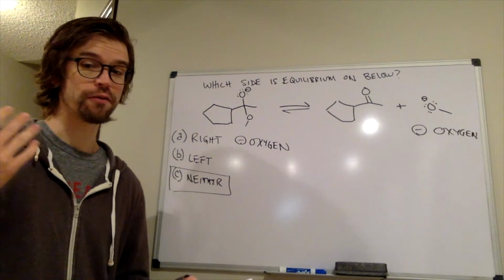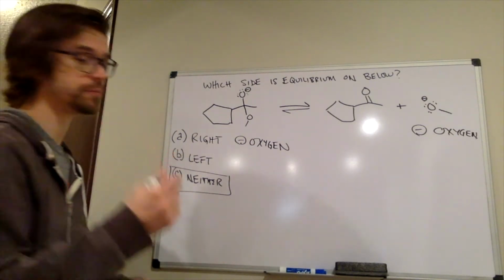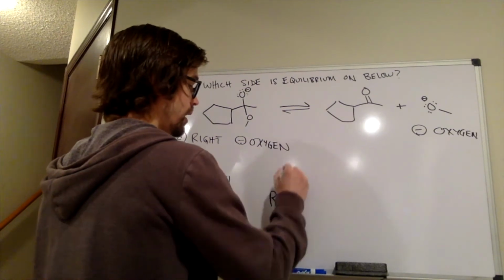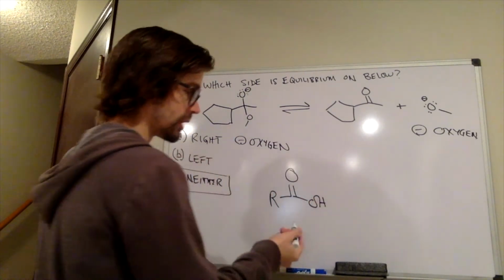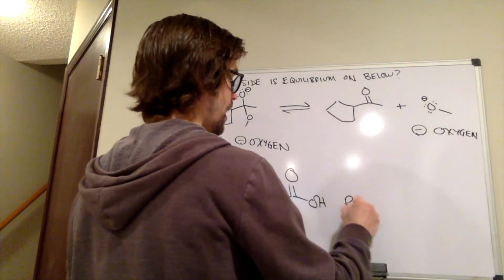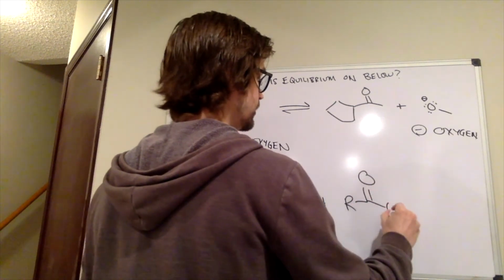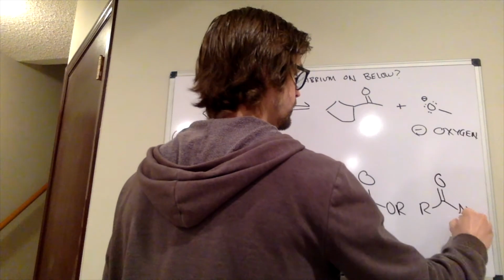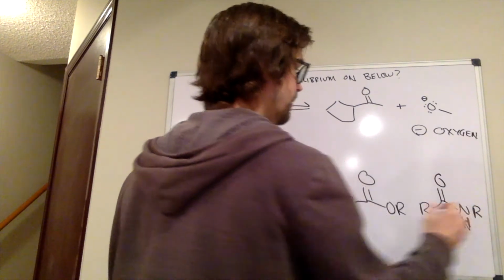Now we're going to talk about all of them with the other functional groups. And so we talked about ketones and aldehydes. Now we're moving on, and we'll be talking about carboxylic acids. We'll be talking about esters, and the last one we'll be talking about amides.